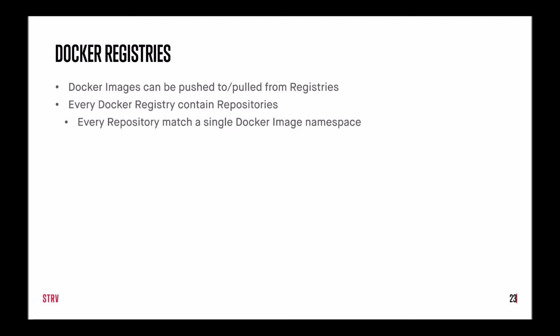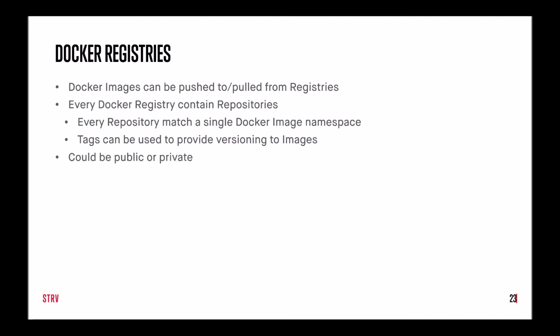Imagine you have your backend API ready to be deployed as a Docker container, also a Docker image, and you create a namespace that represents this exact API. Then you have tags that provide versioning for this image. You can have development, staging, production, or just name it version 1, version 2, version 2.5, whatever you want.